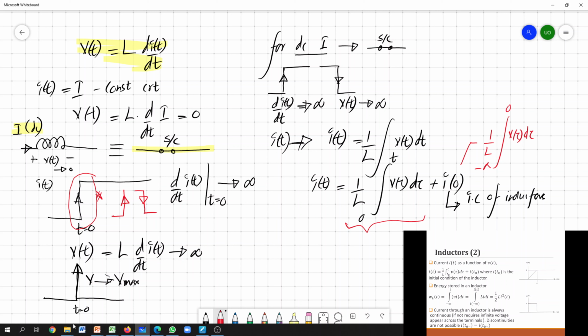Then the integral of the voltage from 0 to t, where t is a time varying quantity, which may be 1 second, 2 seconds, 3 seconds, or again t, and the initial condition up to 0. So if you put 0 here, we should capture the history up to that value. For example, if you generalize this, it's something like that.